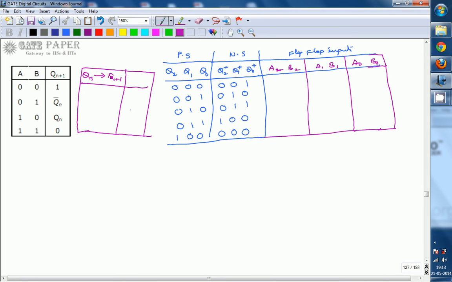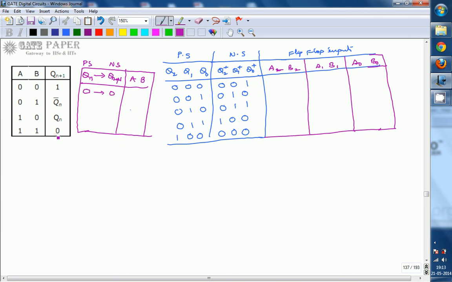So this is the present state and this is the next state. If you want the desired transition, what values must you apply to A, B? Let us assume the present state is 0 and you want to move it to 0. So what must be the input combination, if you want to go 0 to 0, where 0 is your next state.